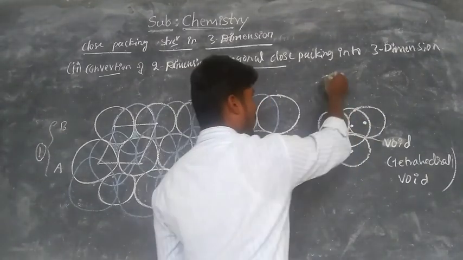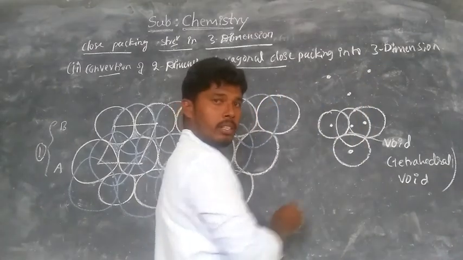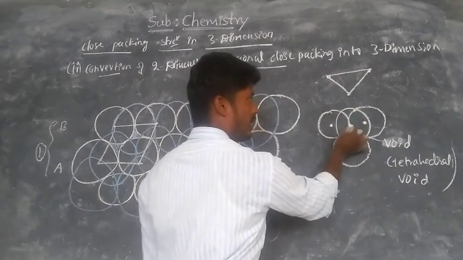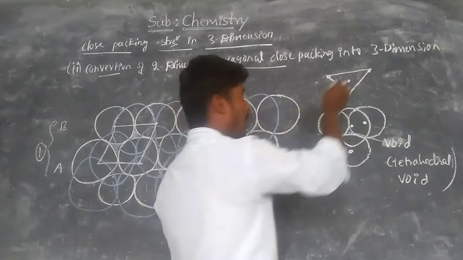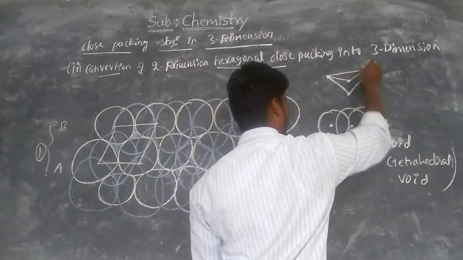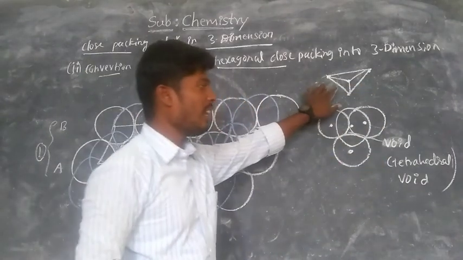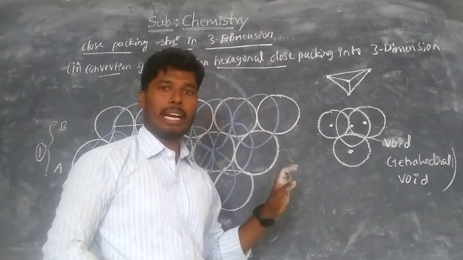Right here are 1, 2, 3 circles, and join these three, that is the first layer, and this is between these 3 points. Right here is the second layer, and join these 3. So you get the shape of a tetrahedron. Hence we call this void a tetrahedral void.